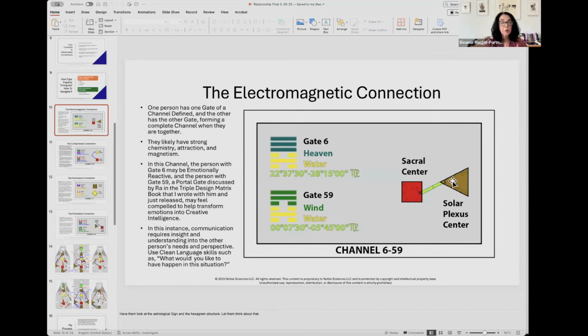In this channel, 59-6, the person with the gate 6 may be emotionally reactive. The solar plexus is a center which has the capacity for people to get emotional and be reactive. Now, the solar plexus, interestingly enough, only occurs in the mental world and the physical biological world.